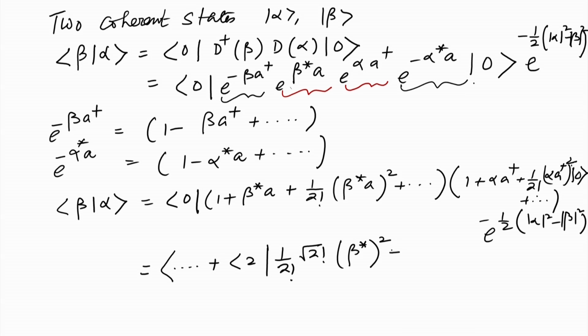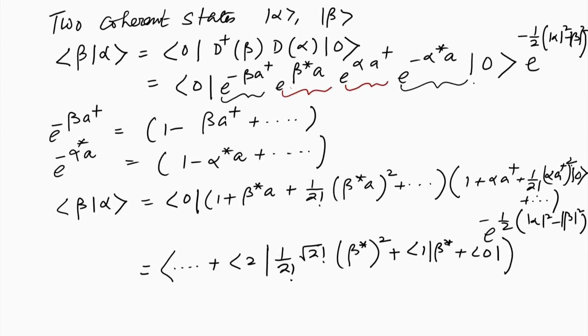This gives the bra 0 plus beta star bra 1 plus 1 by 2 factorial root over 2 factorial beta star square bra 2 and so on, for different values of the Fock basis, generated by successively operating with A or A dagger.